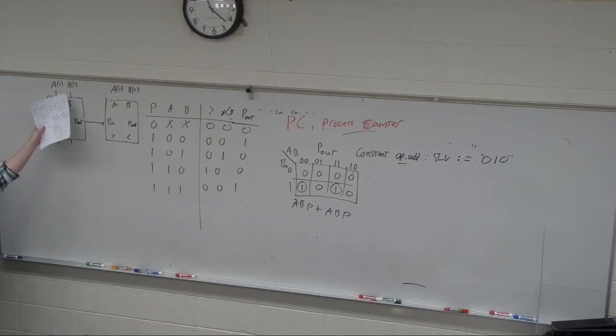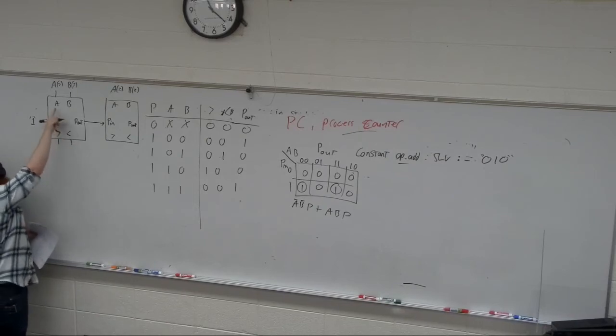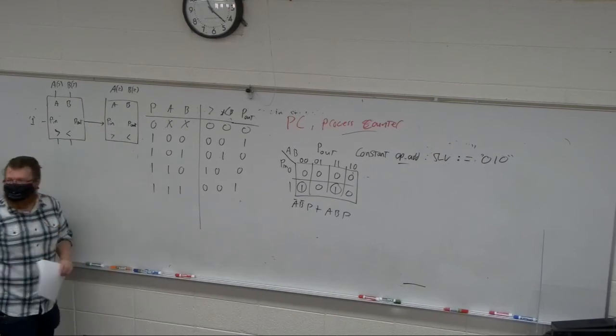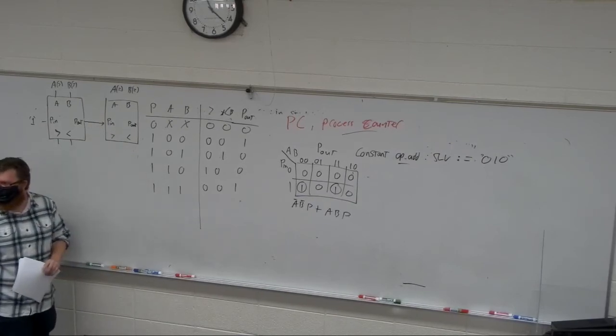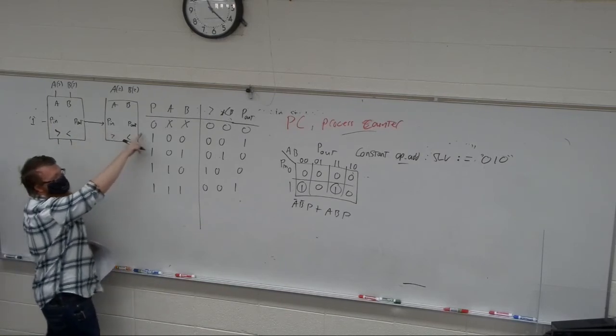If I look at A and B of those, if A is greater than B, this will go high. If B is greater than A, that will go high. This initial propagate has to be fixed to 1, because I have to make that first decision. And now, if A is greater than B, I get this, and P out goes to 0. P in is 0, so nothing happens on down the chain, right? P out is 0, P in is 0, that means P out must be 0.